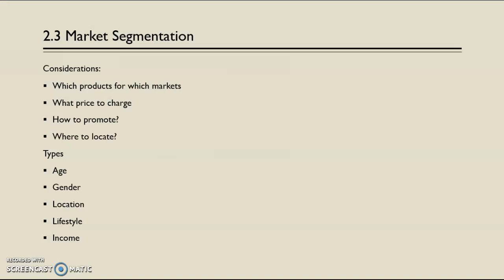So you would assume that people with higher incomes would want different products to people with lower incomes. It's a very simplistic view, because bear in mind that you might earn a lot of money, but actually you might not have a lot of spare money lying around. So we always are wary when using income as a factor. But obviously there are things that are aimed at different income brackets.